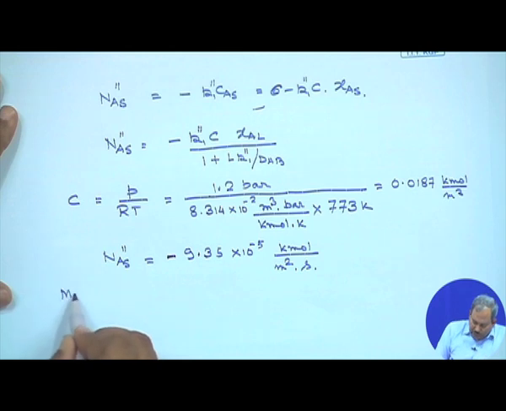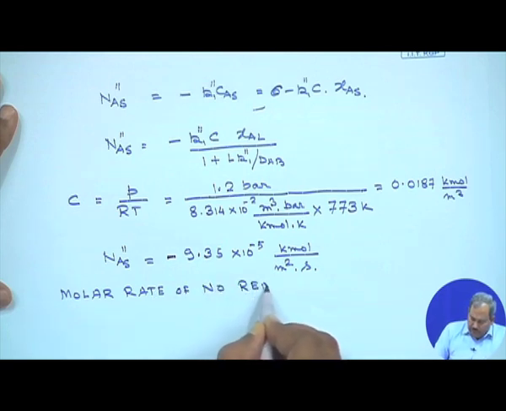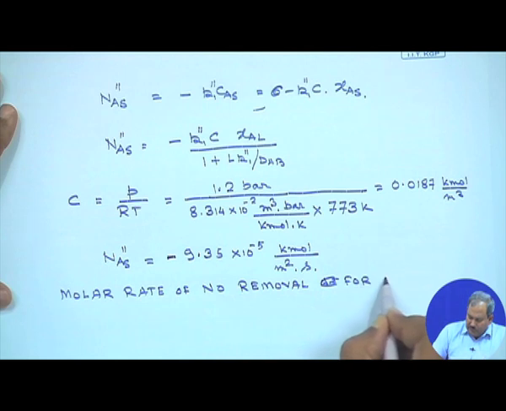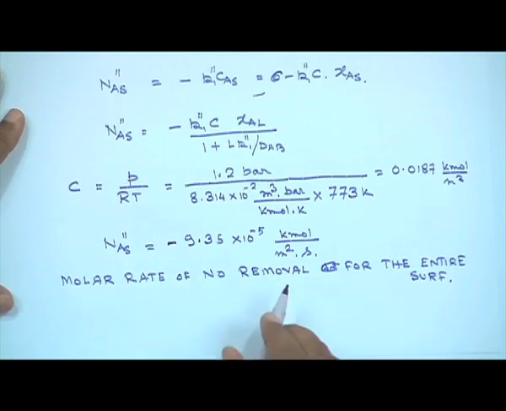So, the molar rate of NO removal for the entire catalyst surface, which is of 200 centimeter square.